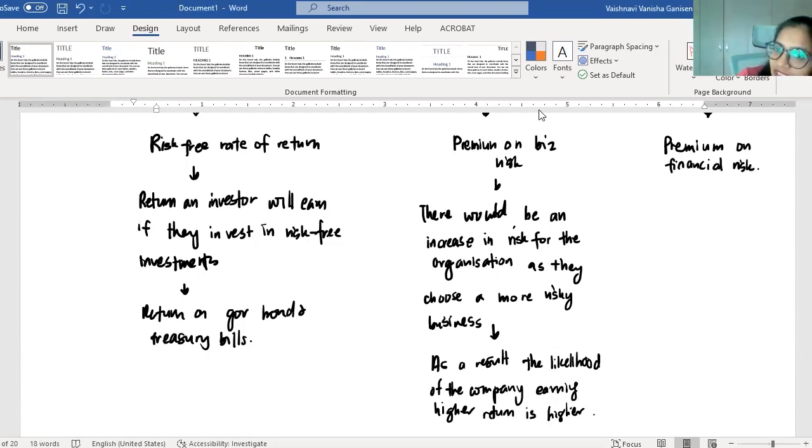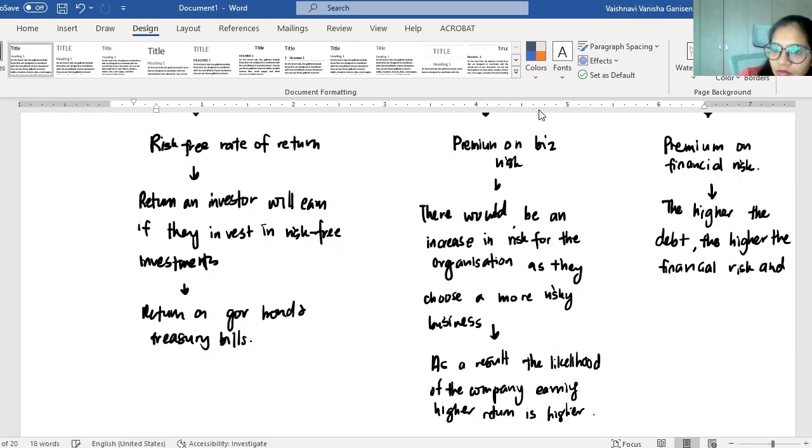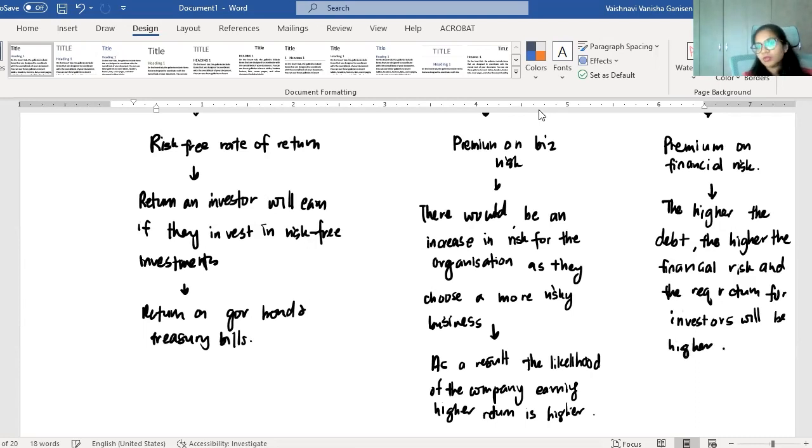So the higher the debt, the higher the financial risk, and the required return for investors will be higher.